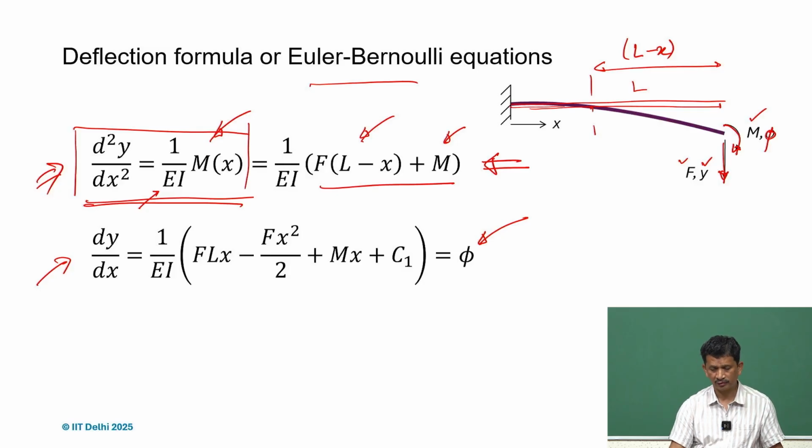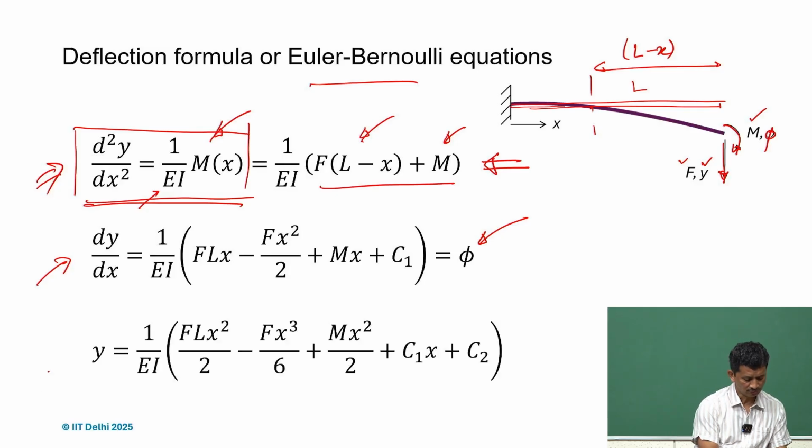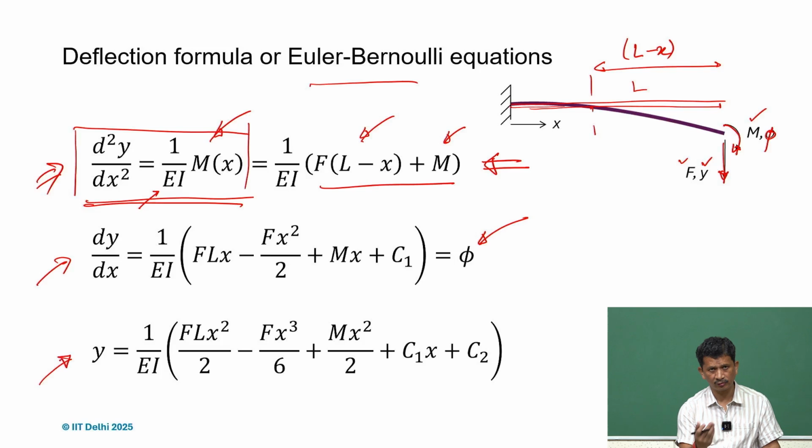I'm just going one by one so that we can understand, and if we forget, we can always go back and check. If we integrate once more, we can get the deflection: FLx squared by 2 minus Fx cubed by 6 plus Mx squared by 2 plus c1x plus c2. These are the functions of y at different points, but we have to find the constants.